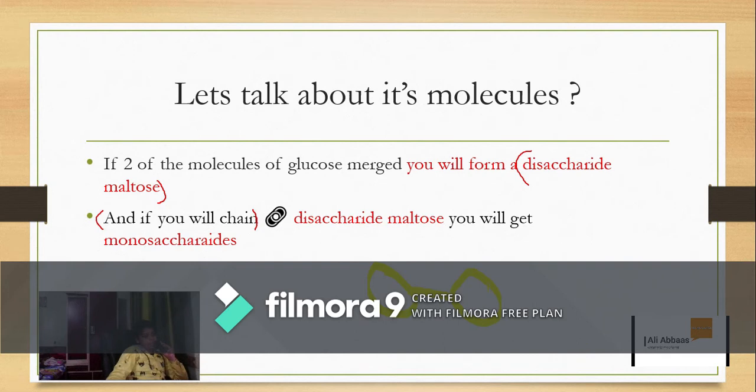And then if you chain it with one other disaccharide maltose like that, and if you chain the disaccharide maltose, you will get a monosaccharide. So what's a monosaccharide? Monosaccharide is the chain of disaccharide maltose.